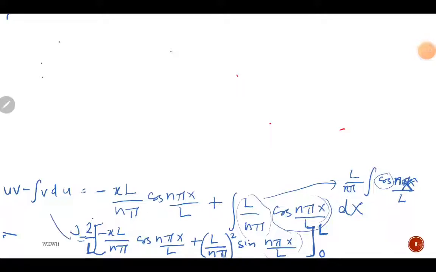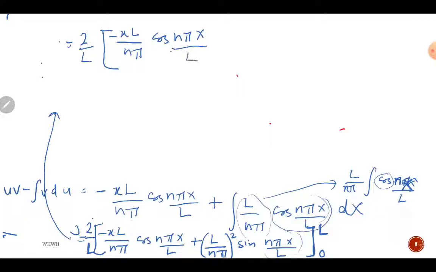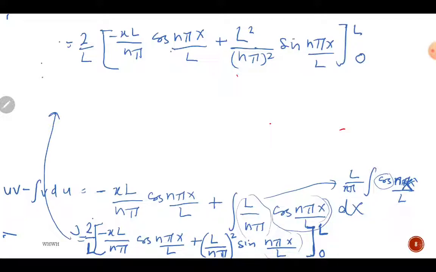Okay, so yang kita ada sekarang ni adalah, kan, 2 over L negative x per L n pi cos n pi x over L tambah L square over n pi everything square here, and sin n pi x over L. Kita gantikan dengan kosong to L. So every x that we have over here, kita akan gantikan dengan L. Okay, so 2 over L ni letak je kat luar ni, kan?